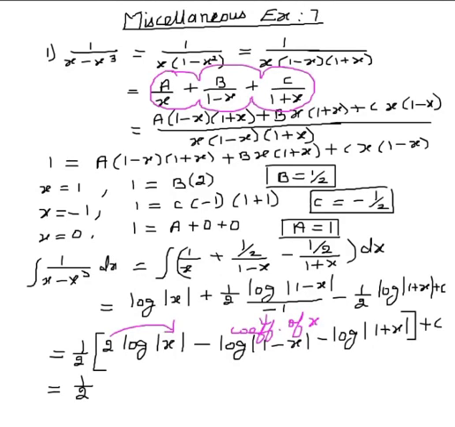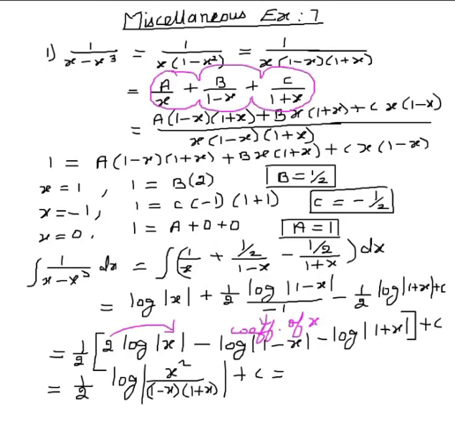Let us combine these log terms. Log of x square divided by, these two terms are having negative sign. We will write them in the denominator 1 minus x into 1 plus x plus c.